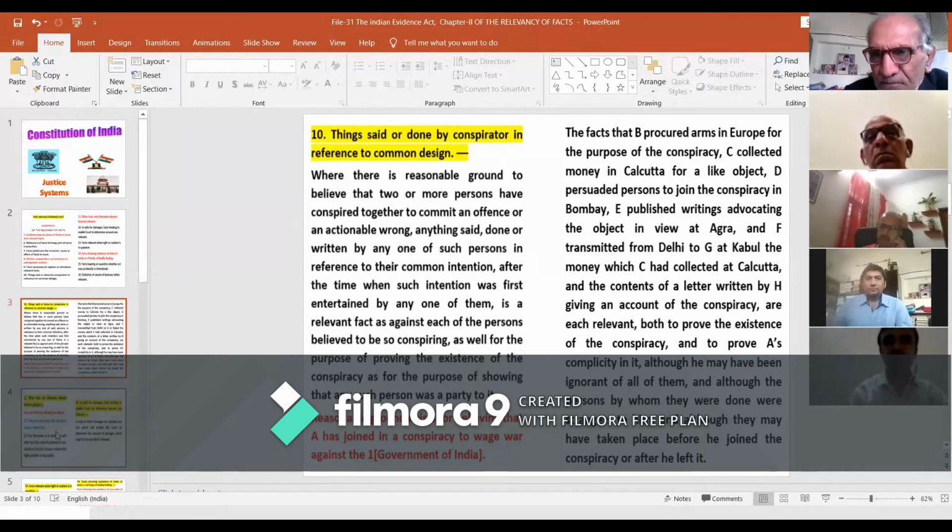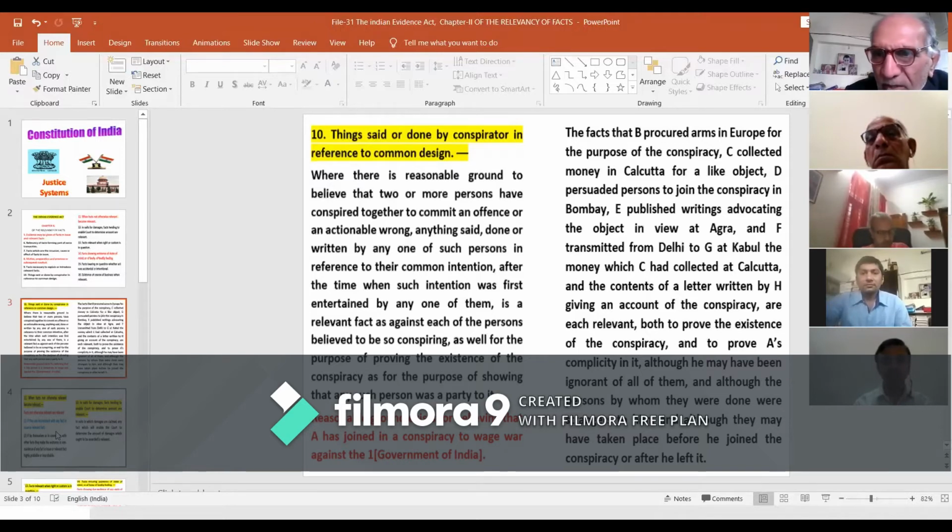So, see, this beginning is with the reasonable ground for a belief, and that two or more persons have conspired together. What for? An offense or an actionable wrong?